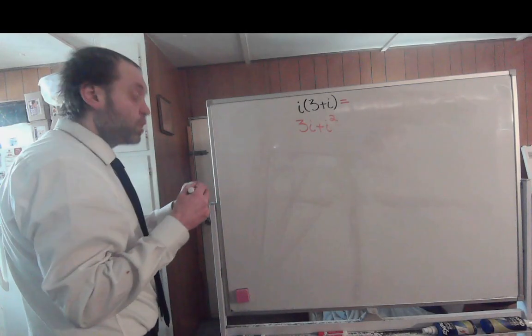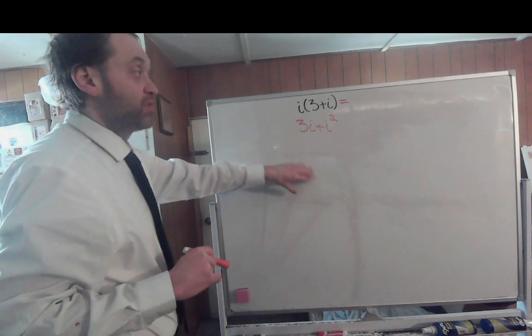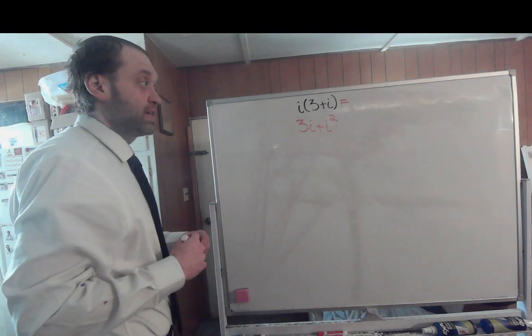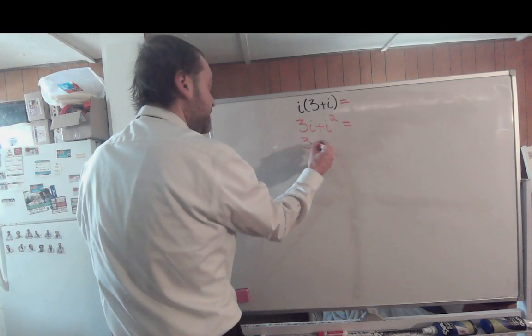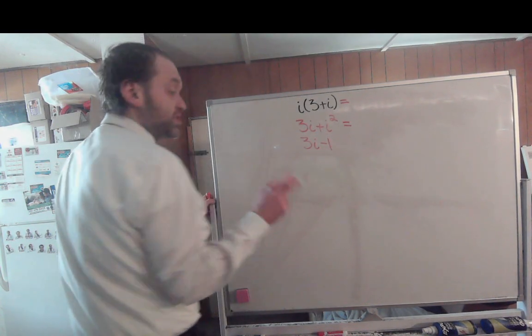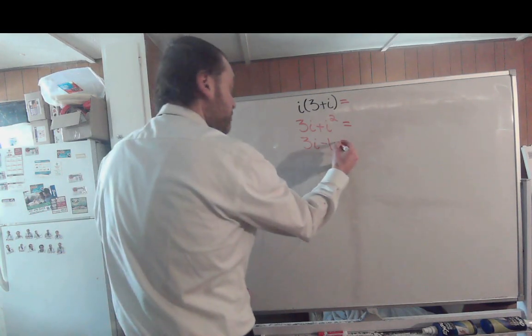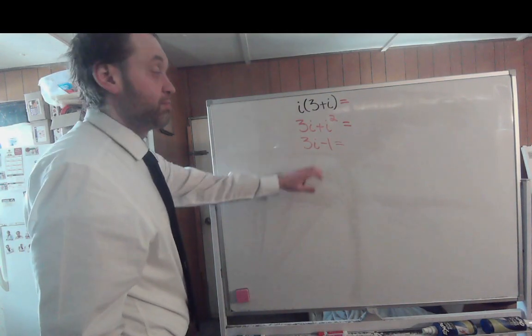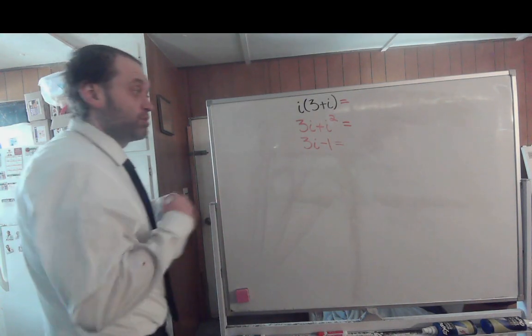However, we're not done yet. The 3i we can't do anything with, but the i squared, what was i squared if we remember from the first lesson? That's -1. So this would turn into 3i minus 1, but we're still not done because we have to write this in standard form. If we remember right, the standard form of a complex number from the very last lesson was you take your real number first plus your imaginary number.